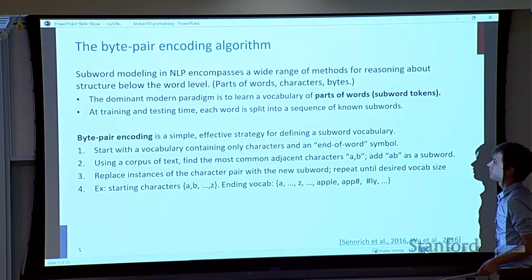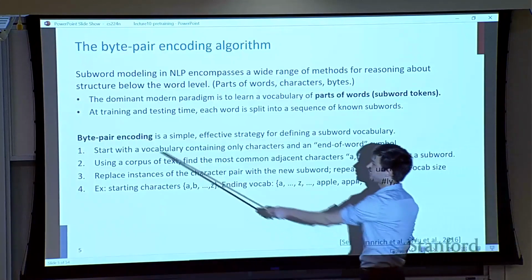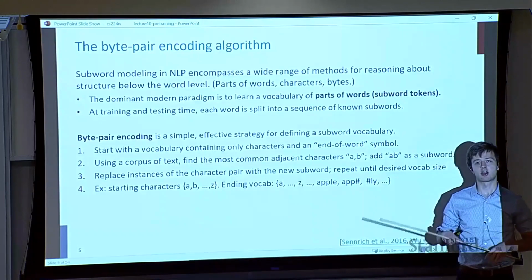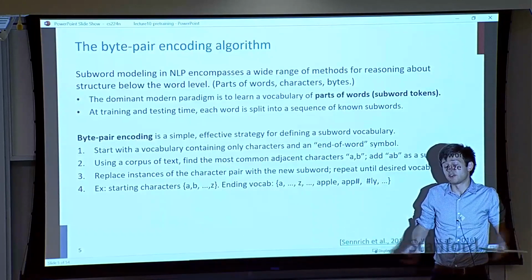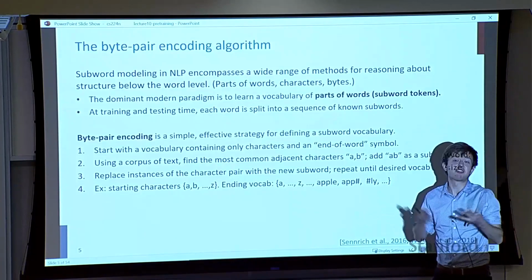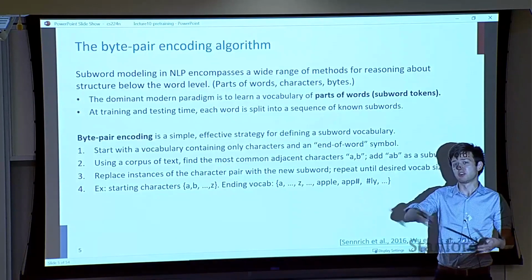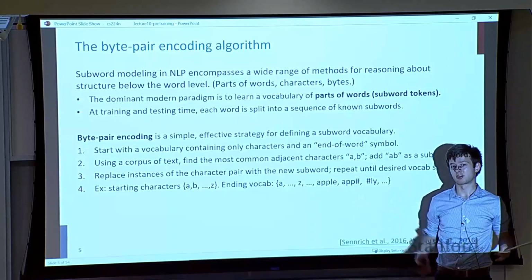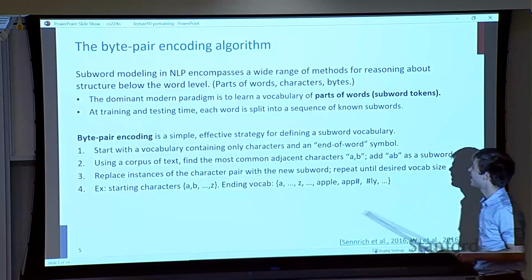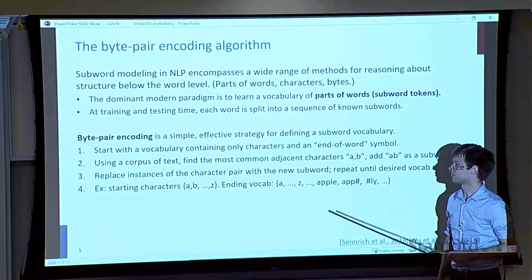So here's what we're going to do. We start with a vocabulary containing only characters. That's our extreme, right? If you've seen all the characters, then you know that you'll never have an Unc, because you see a word you've never seen before, you just split it into its characters, and then you try to deal with it that way. And then also an end of word symbol.